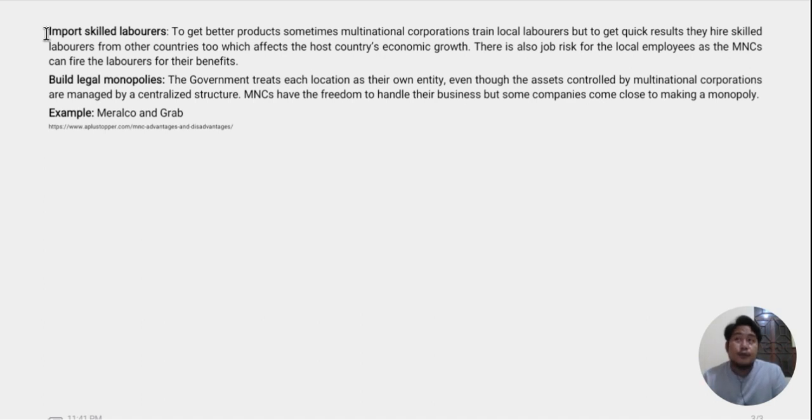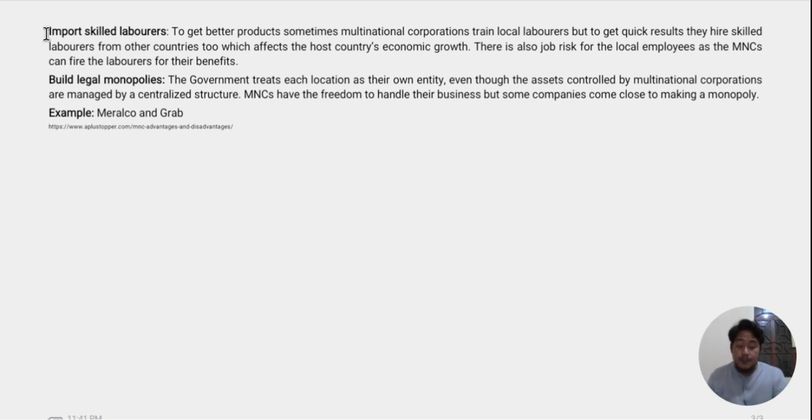Another good example is Grab, the car hailing service app. For a time, Grab in Metro Manila was the only car hailing app available. But today, car hailing as a service has been decentralized by other services like Angkas, Uber. But before, there was a time that Grab had monopolized that kind of service.